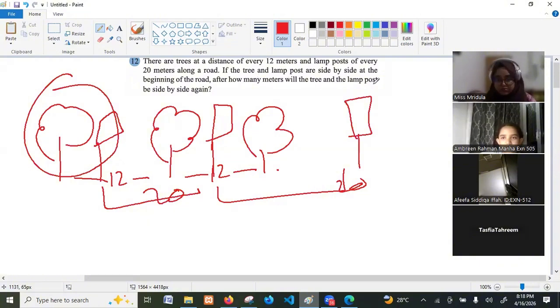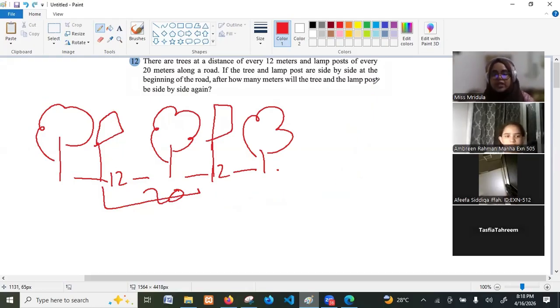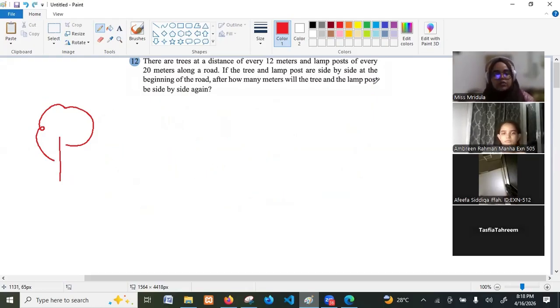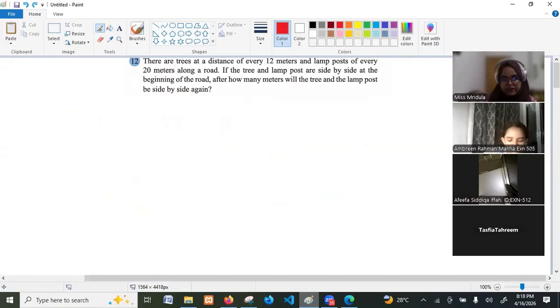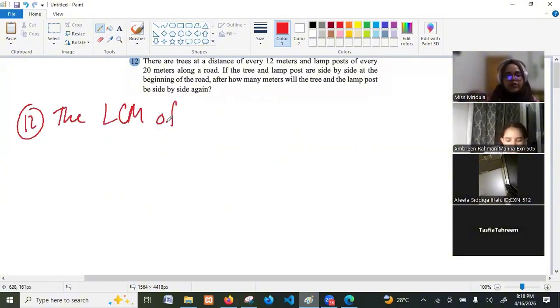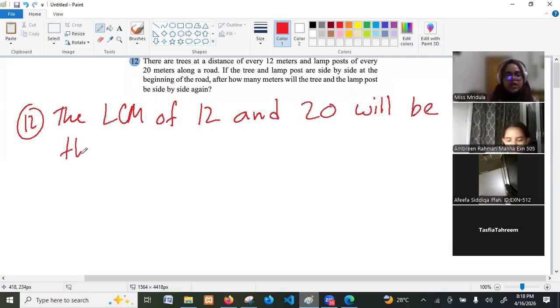Okay, so do you think if we want to find out the distance, will we find the longer distance or the shortest distance? Shortest. The shortest, right? So that means we need to do the LCM. Okay. So the question looks a bit bigger, but it's just the same as the last one that we have done.